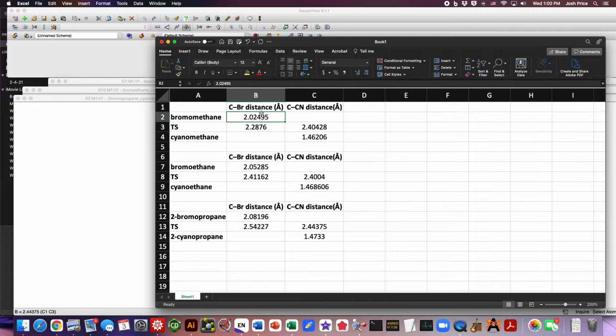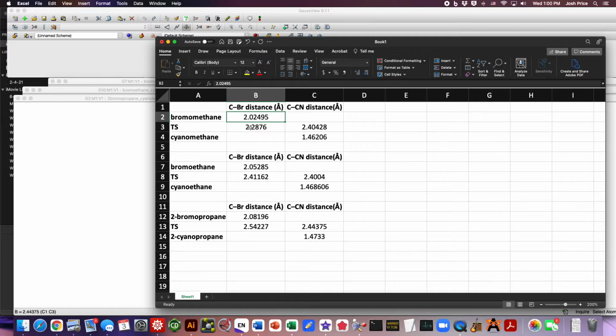So you can see that these carbon-bromine bond distances do lengthen as a function of carbon substitution, probably because of sterics. Similarly, the carbon-cyanide bond lengths increase as a function of substitution.